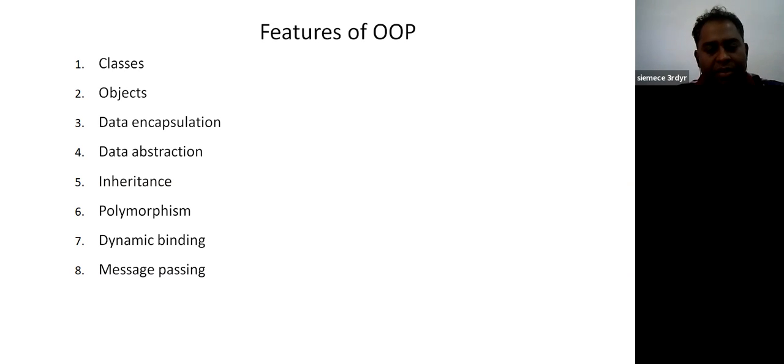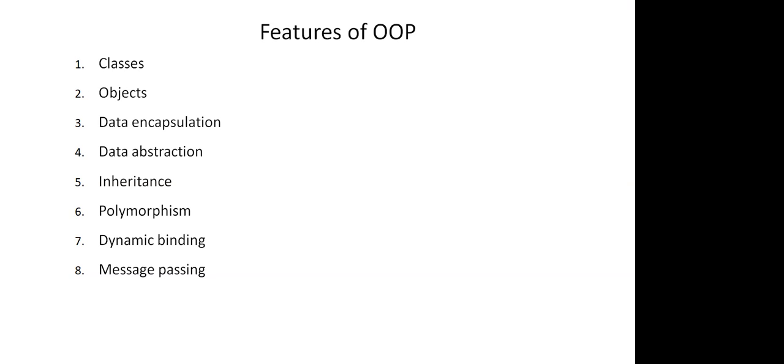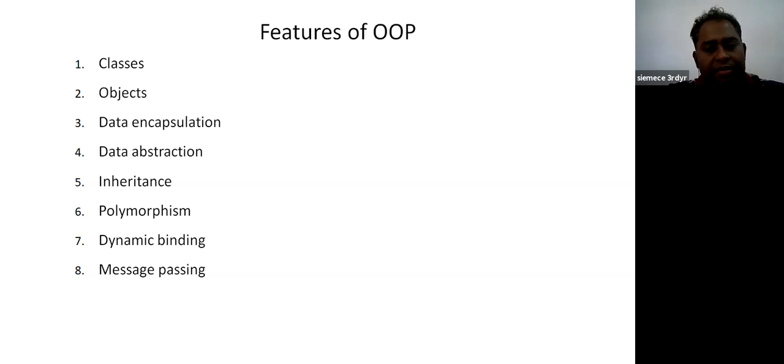We are using those things, but we don't want to know about the background details. So the act of representing the essential features without including the background details or explanation is known as data abstraction. Next is inheritance.